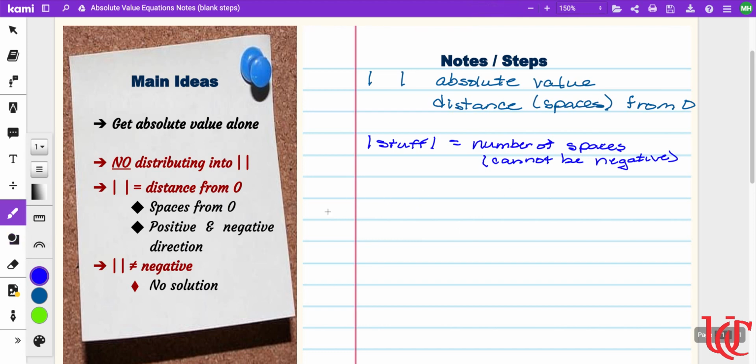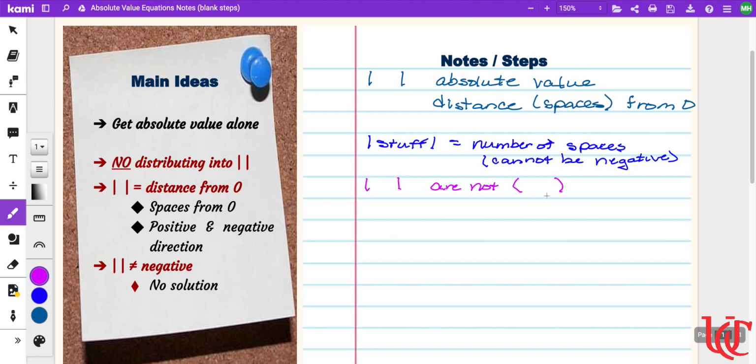The other thing that you do need to remember with absolute value is that the absolute value bars are not parentheses. They're not the same as parentheses. They are a type of grouping symbol, but they have a definite purpose and a definite definition, meaning the number of spaces.